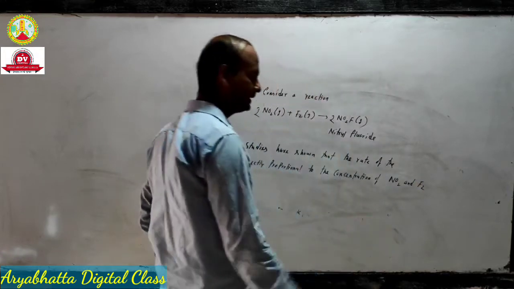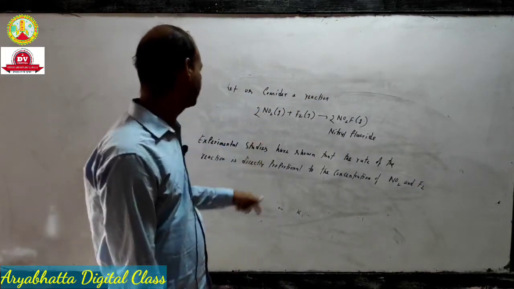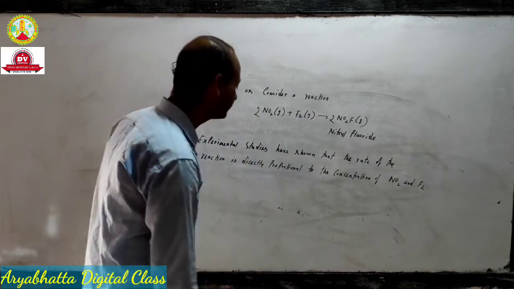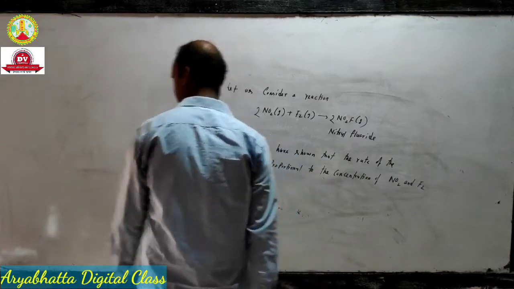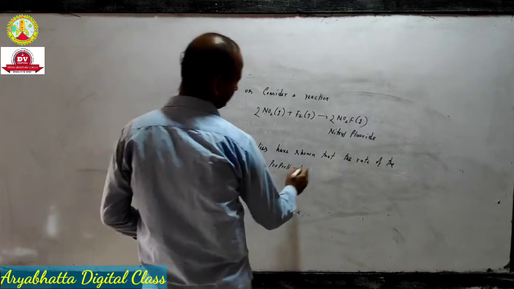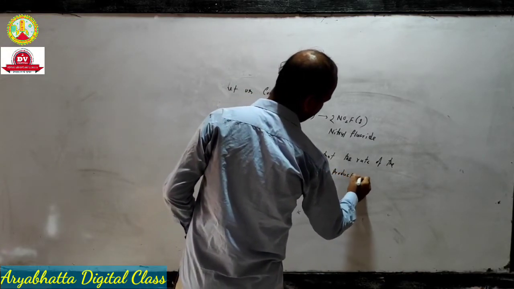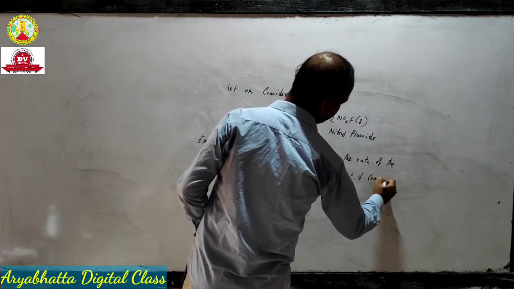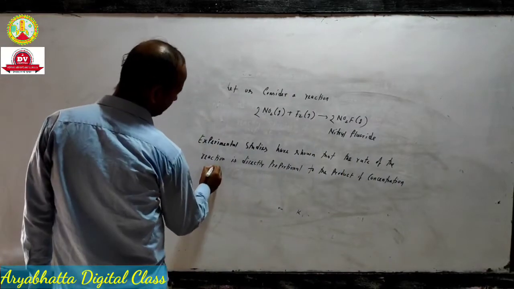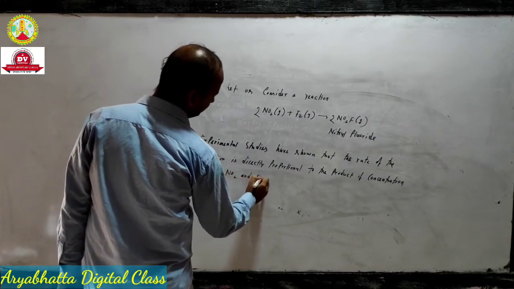Now let's see, experimentally what does it show you? Experimentally it shows the rate of this reaction is directly proportional to the product of the concentration of NO2 and F2.